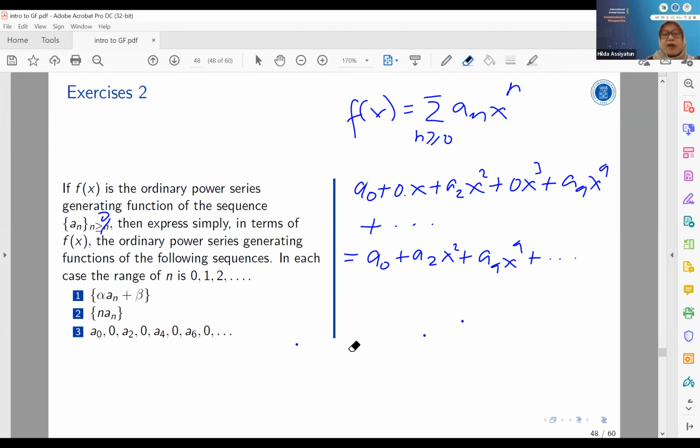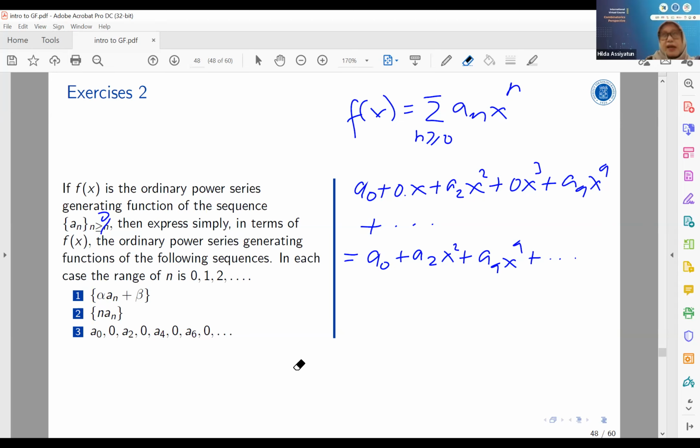Looks like our original f. Ma'am, f of 2n, because it's all even, a2, a4, and all the odd terms are gone.